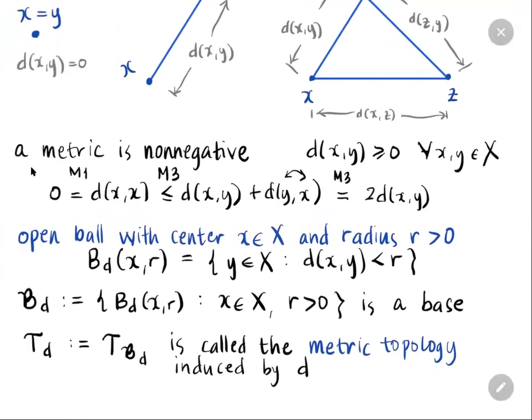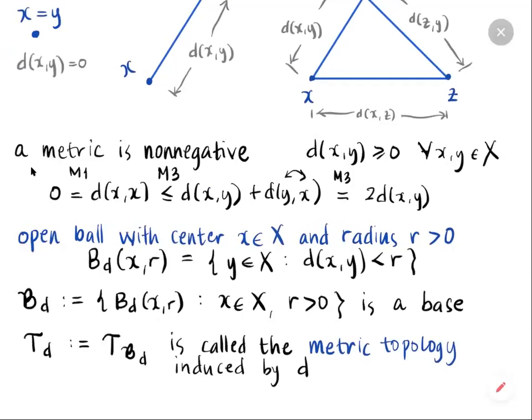Now, if we collect all the open balls centered at X having a positive radius, that will be denoted by script B sub D. The collection of open balls will form a base, a topological base to be precise.